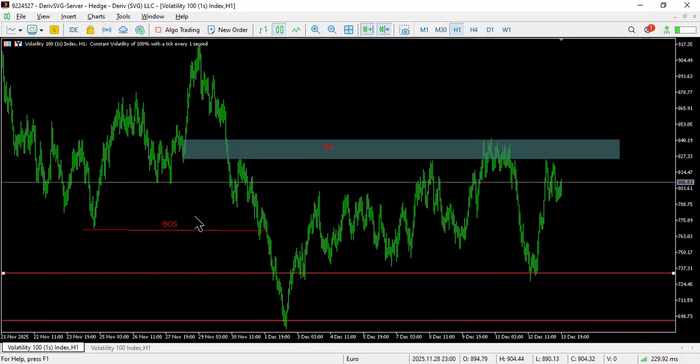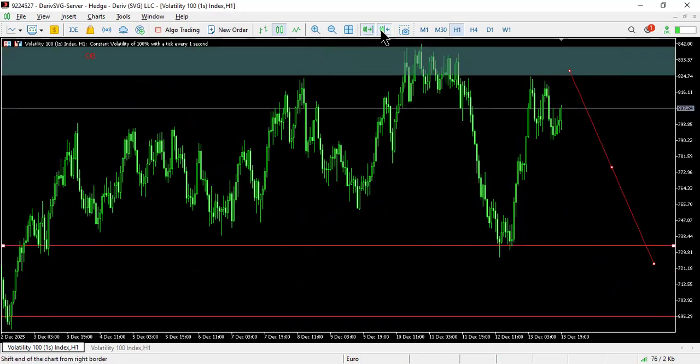because the overall bias is bearish. Therefore, I'm going to be waiting for price, because price is looking like it's still going back to that order block.